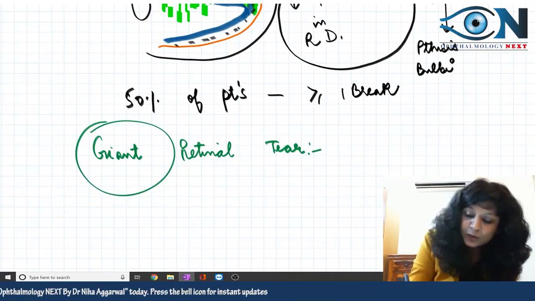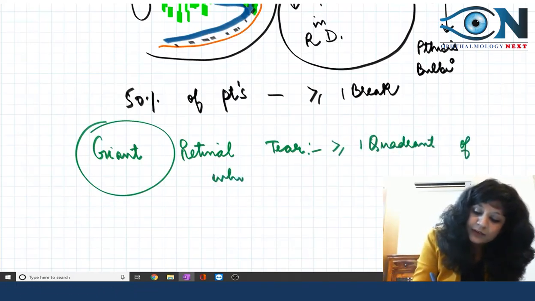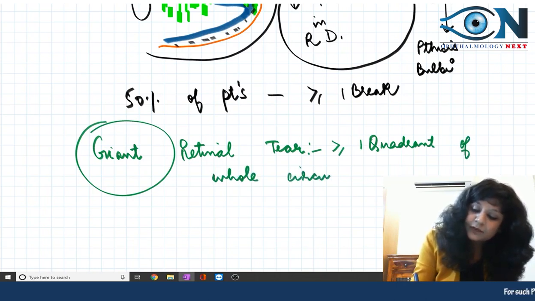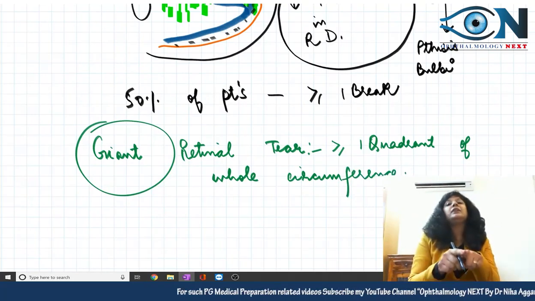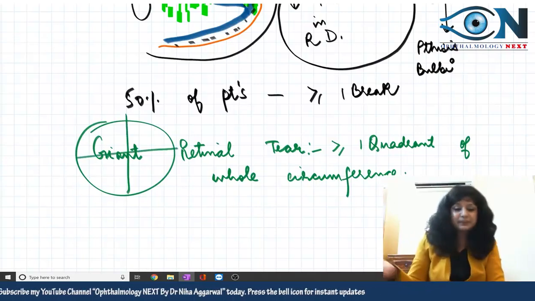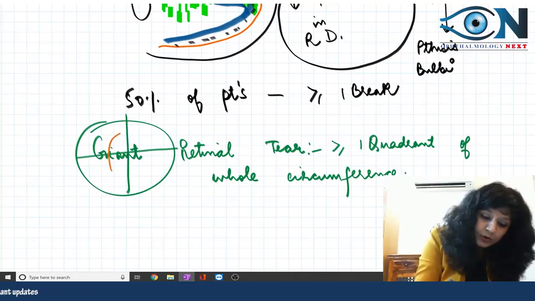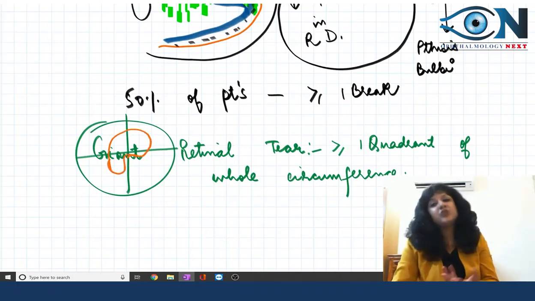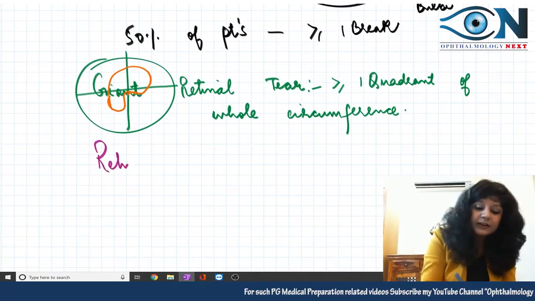So if it is occupying more than one quadrant of the whole circumference, so if I take the circumference of the eye and I am dividing it into the 4 quadrants like this, and it is occupying more than one quadrant, then I will say that it's a giant tear. Similarly, there is another thing called the retinal dialysis.